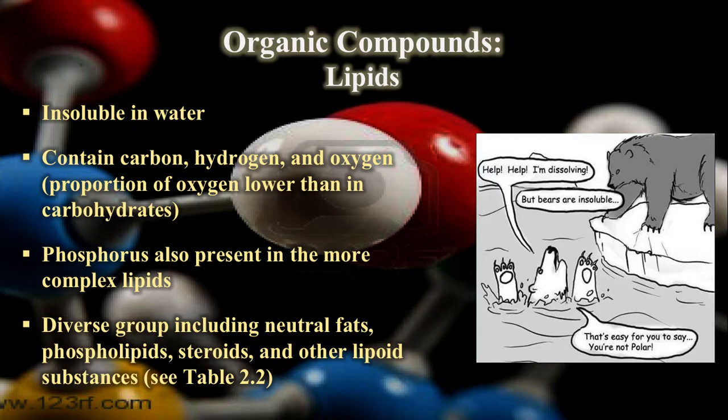Just remember that they're carbon, hydrogen, and oxygen. Some of the more complex lipids will also have phosphorus. And we have neutral fats, which are your triglycerides, we'll get to in a second, phospholipids, steroids, and other lipoid substances.